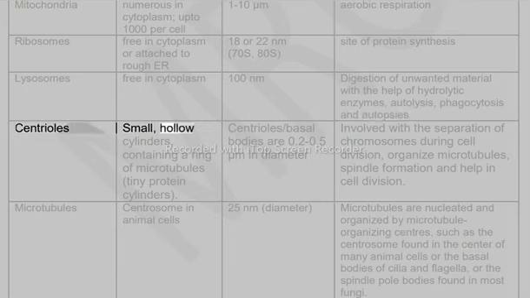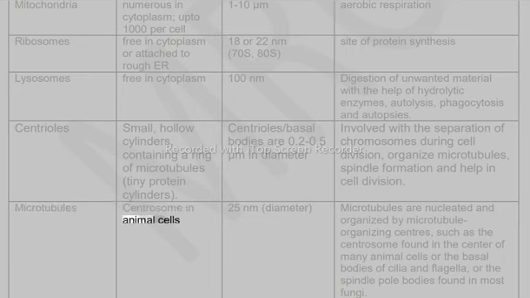Centrioles are small, hollow cylinders containing a ring of microtubules, tiny protein cylinders. Centrioles and basal bodies are 0.2 to 0.5 micrometers in diameter. Involved with the separation of chromosomes during cell division, organize microtubules, spindle formation and help in cell division.